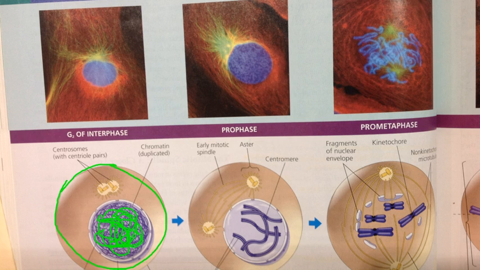So as this cell prepares itself for mitosis, or for division, interphase makes an identical copy of the DNA in the nucleus, and it kind of slowly phases its way into prophase. Now just to make this a little easier, one of the acronyms that you should remember is PMAT.